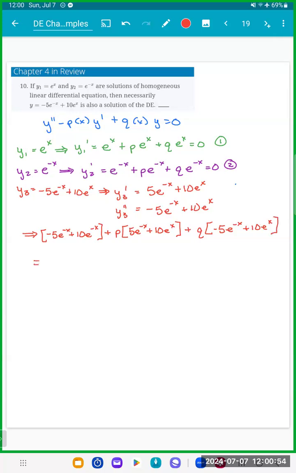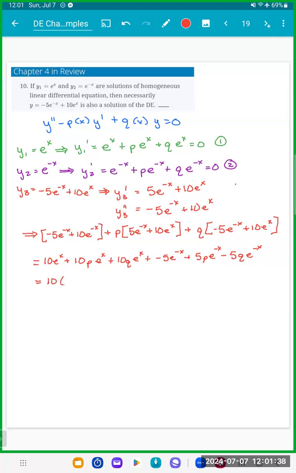When you simplify it, we end up with 10e to the x plus 10p e to the x plus 10q e to the x plus negative 5e to the negative x plus 5p e to the negative x minus 5q e to the negative x. We can factor a 10 out of this first portion here.